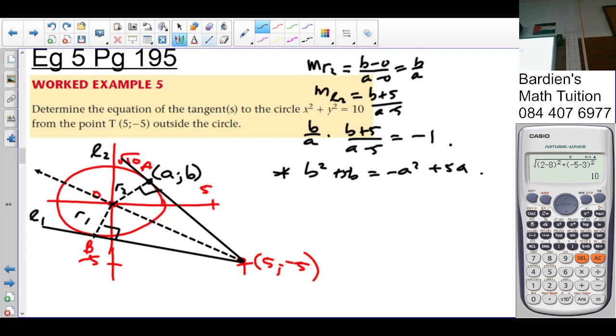The radii are the same, R1 and R2. The tangents AT and BT are also the same. So I think we're going to need to go with the distance formula.